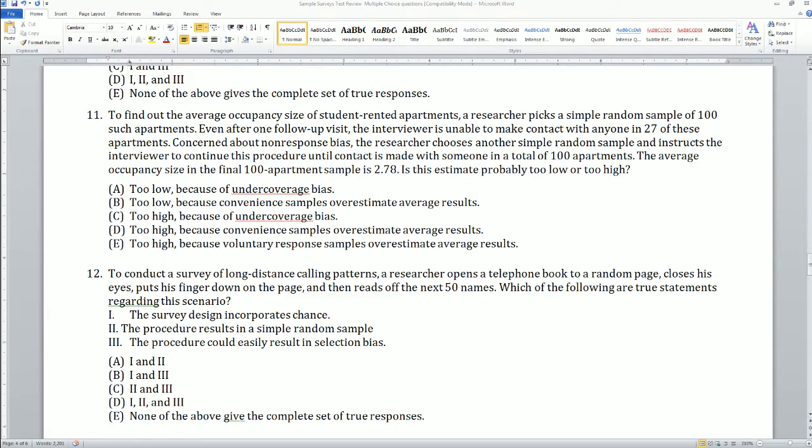A. Why do you say A? Because there were 27 apartments that didn't respond. So I believe you, it's an undercoverage bias, right? Yeah. Okay. But why do you say it's too low then?